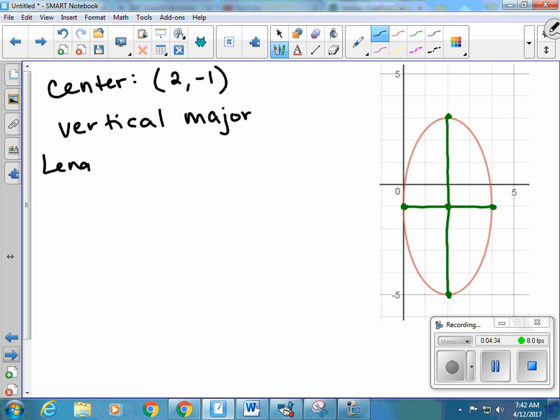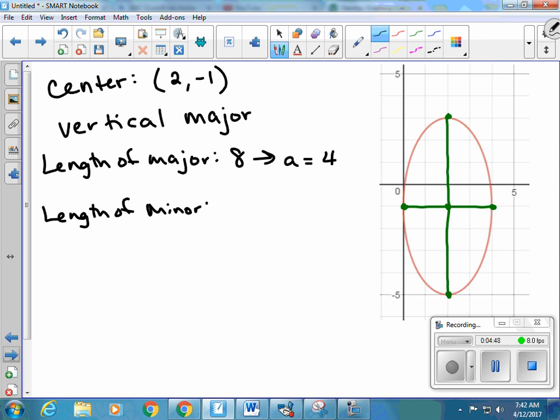The length of my major, which I already counted, was 8. Therefore, A is 4. The length of my minor is 4. Therefore, B is 2.